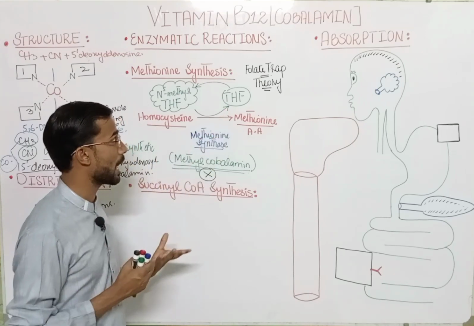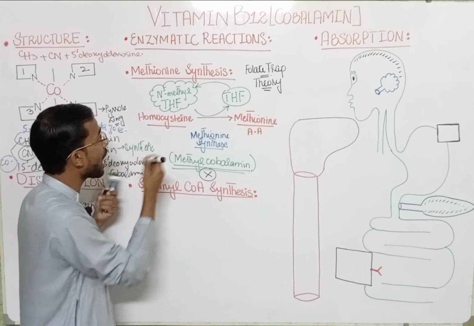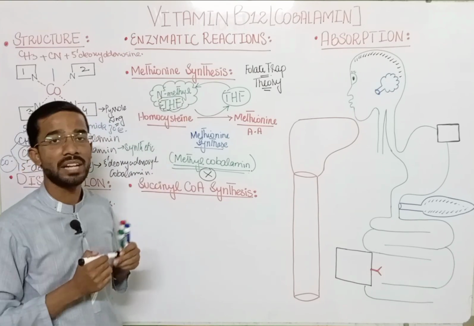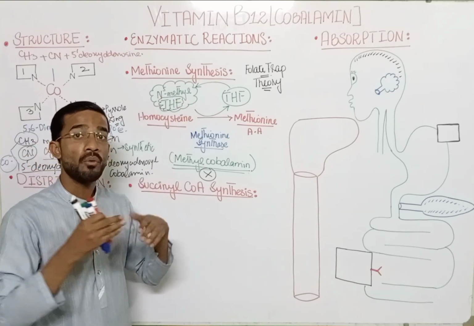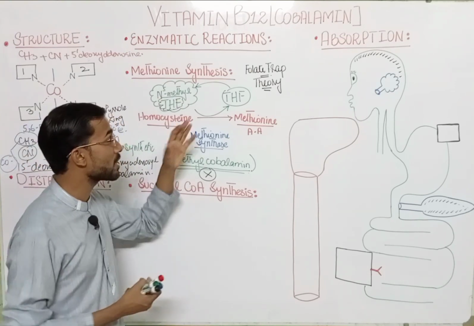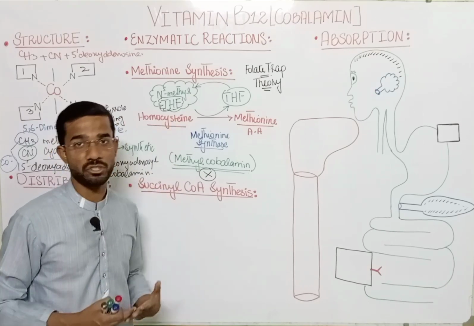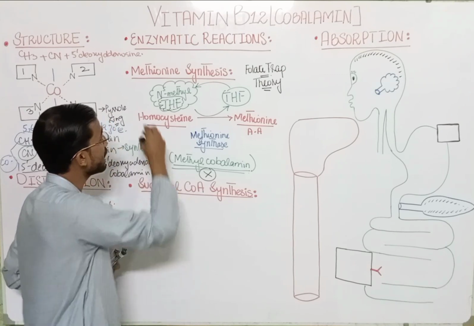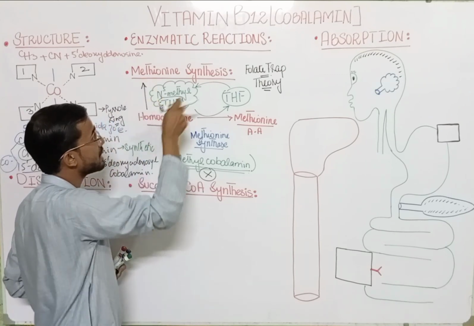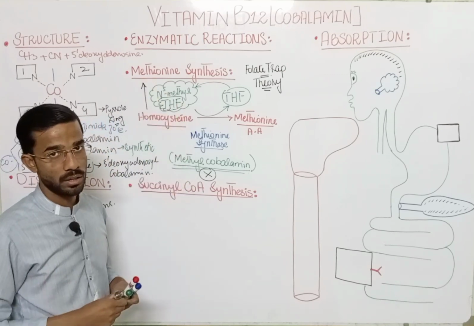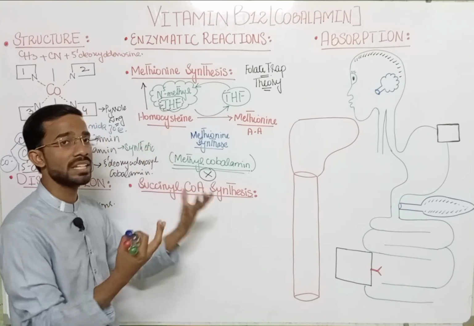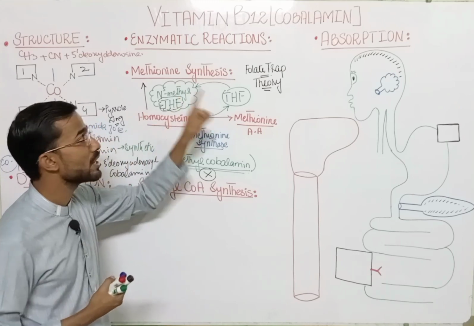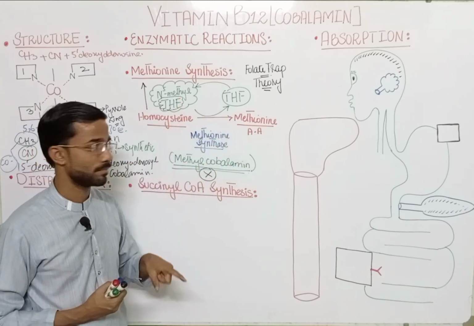So tetrahydrofolate will be trapped in the form of N5-methyl tetrahydrofolate. With the passage of time, the amount of tetrahydrofolate decreases in the body, but you will see an increase in the concentration of this methyl form, which traps the tetrahydrofolate. So this is the folate trap theory.